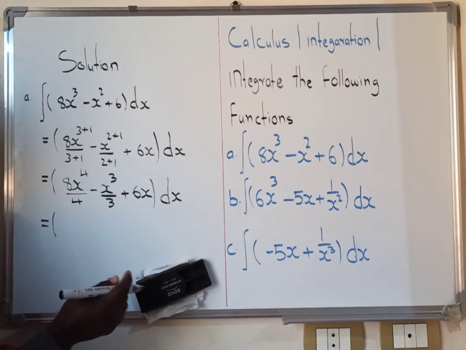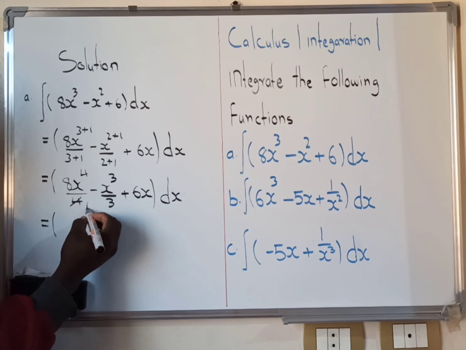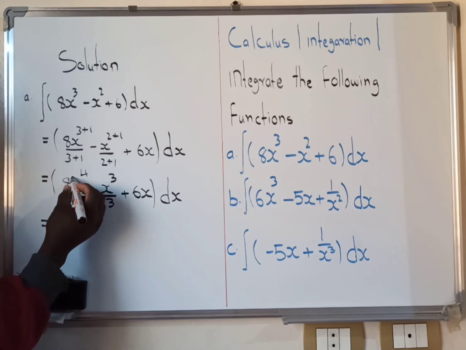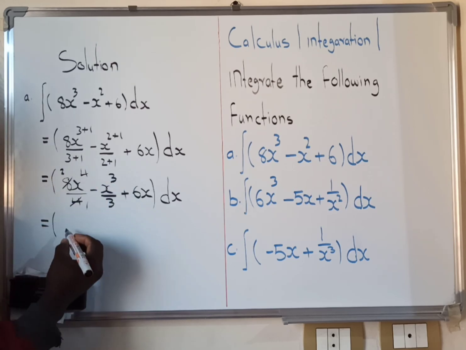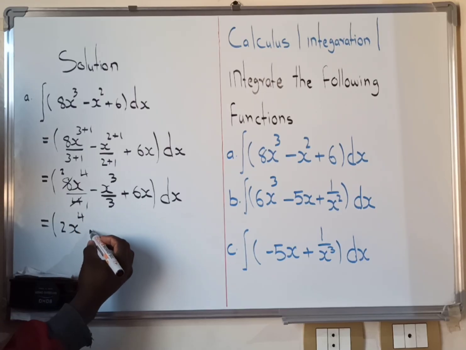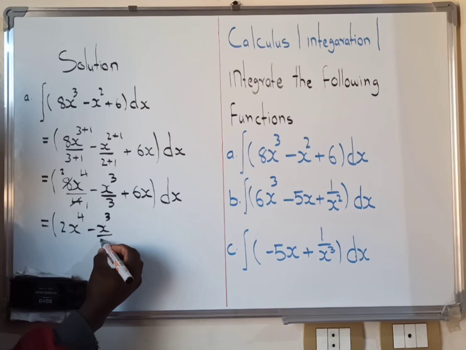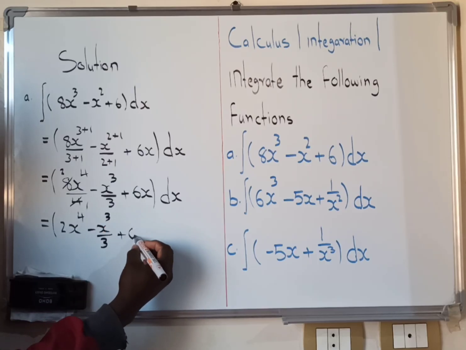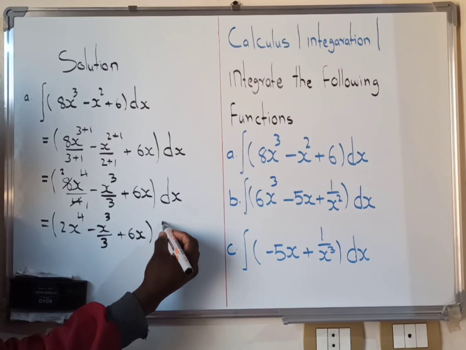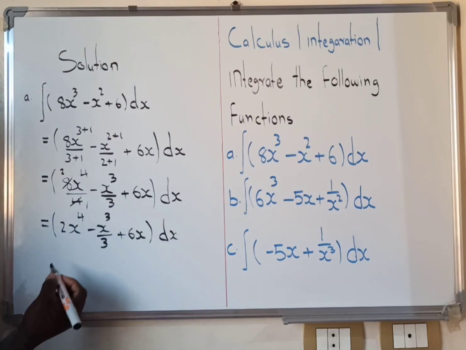So we just put it under bracket again. When we put it under bracket again, 4 divided by 4 is 1, and 8 divided by 4 is 2. So we're having 2x to the 4th, minus x cubed over 3, plus 6x in bracket. Therefore, we put dx here. So right now, as you can see, we don't have anything left.